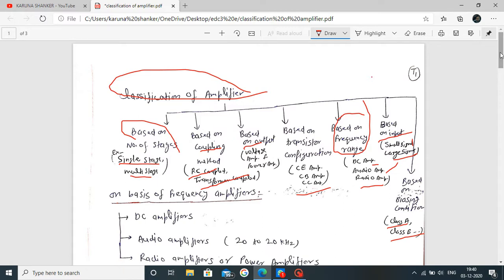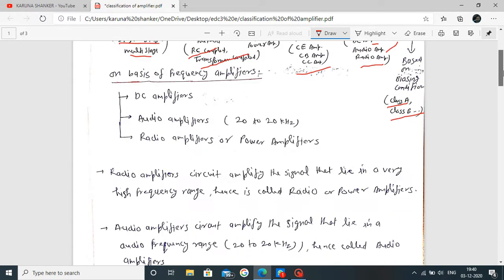Here we focus on the classification based upon frequency range. The categories are the DC amplifier, the audio amplifier, and the radio amplifier.